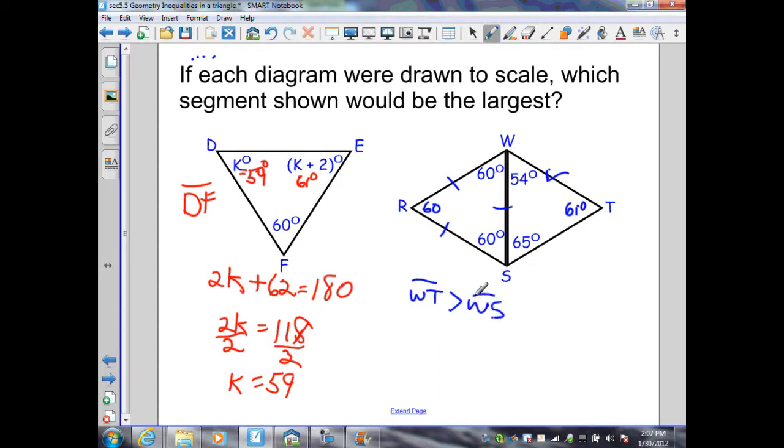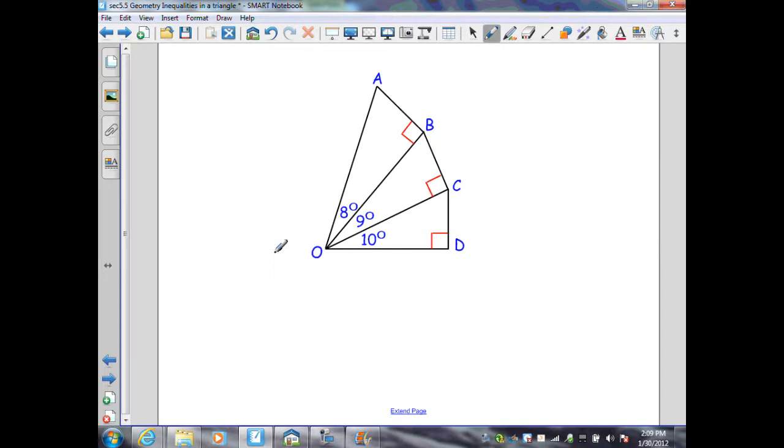But I know WS is congruent to RS and RW. And WS is greater than ST. And this is all known by the side inequality theorem. The largest side is opposite the largest angle. Therefore, the largest segment in this four-sided figure is WT.